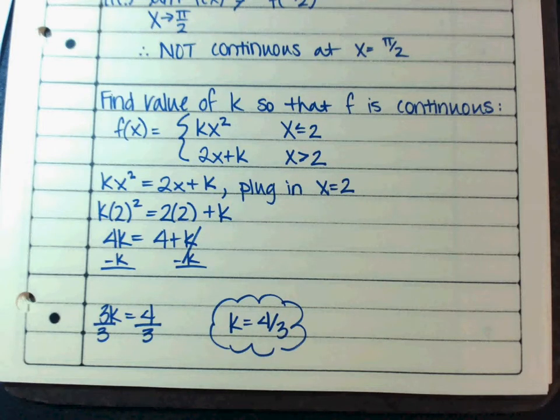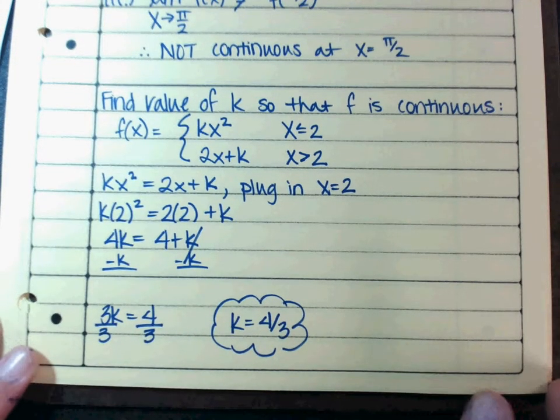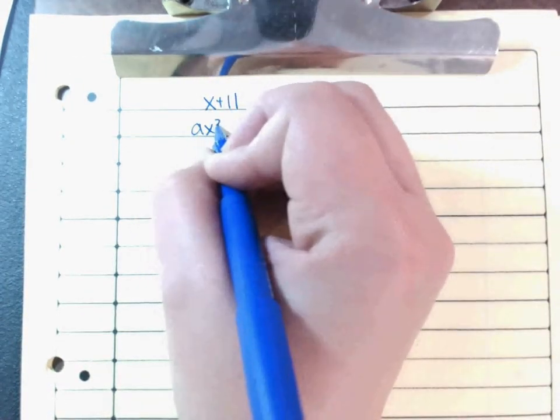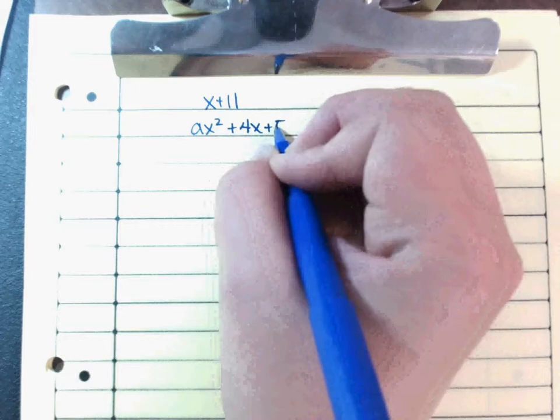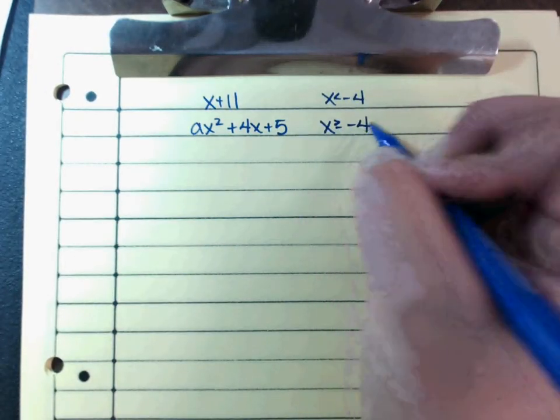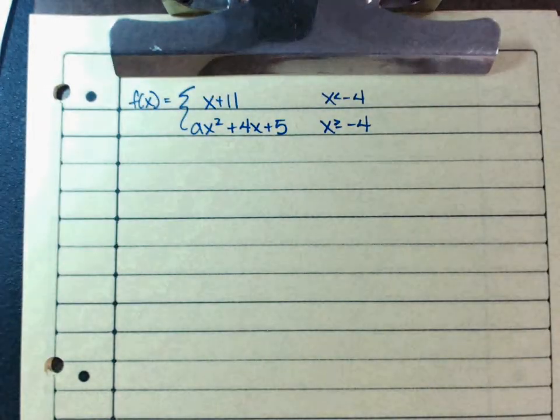And the bottom one will be ax squared plus 4x plus 5. Breakpoint's going to be -4. Okay? I'll write it up here in a second. Okay. X plus 11 on top, and ax squared plus 4x plus 5. Breakpoint is less than -4, greater than -4. Okay? And you're finding A.